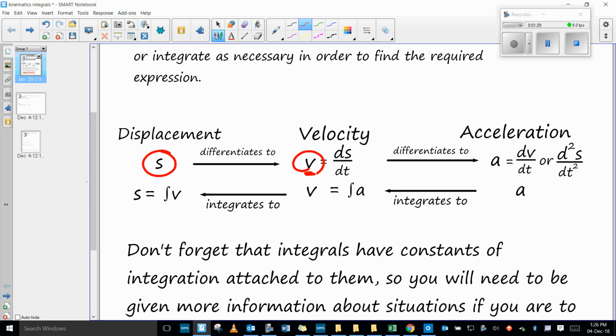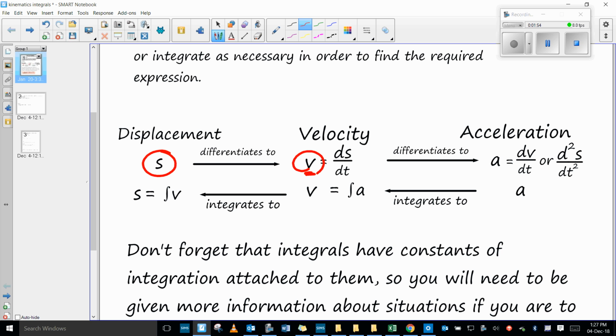Because remember, to differentiate it would be ds over dt because the expression is in terms of time. In a similar way, the velocity expression could be differentiated to give us an expression for acceleration. So the acceleration would be dv/dt or d squared s/dt squared.